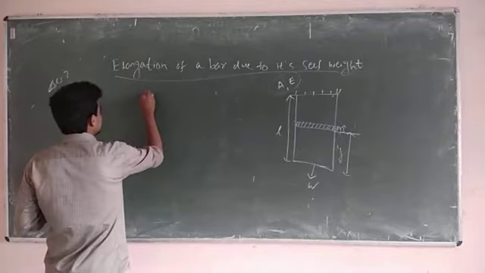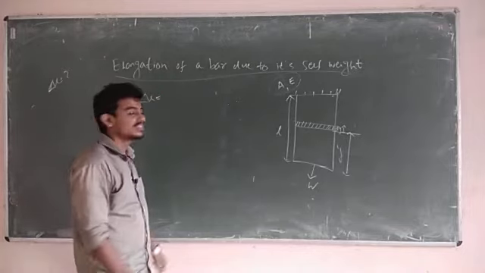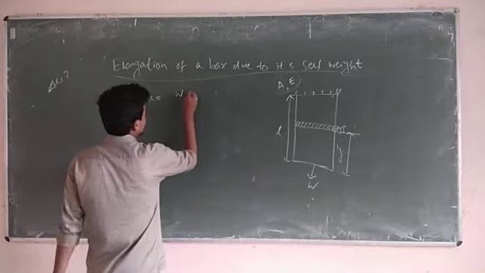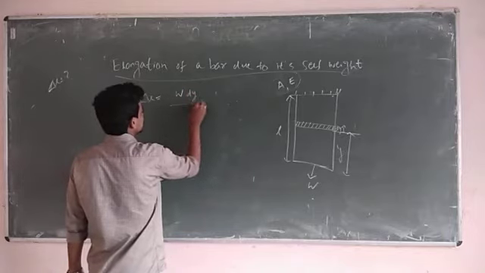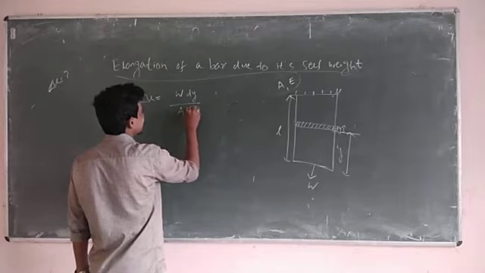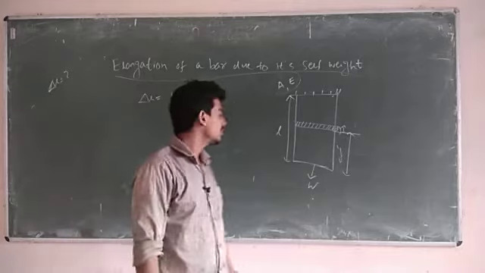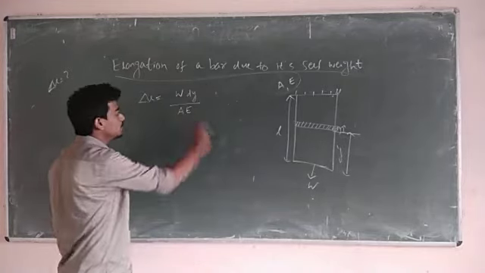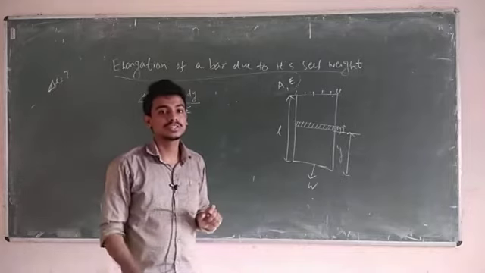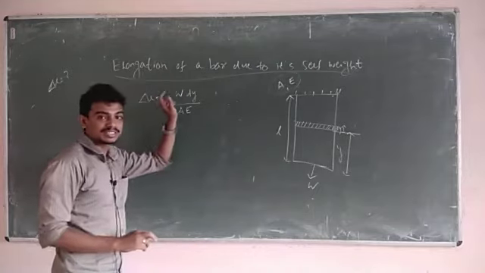I will first put the formula to avoid confusion. Whatever you have studied, that only I will put. W dy by A into E. Yes or no? I can write this because W means the load. Here the load is only self weight because no external load is given. So W remains the same.